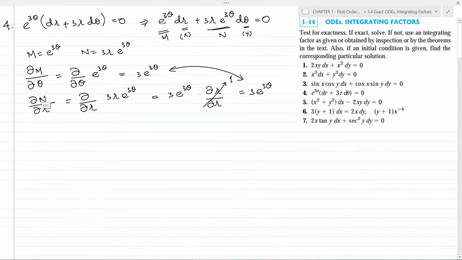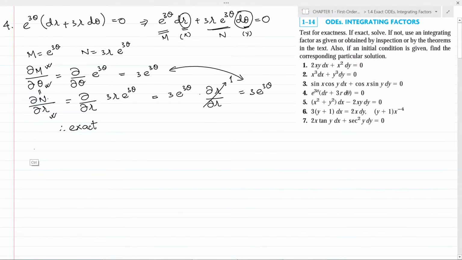That means del m by del theta equal to del n by del r. That means the differential equation in the question is an exact differential equation. Here all we have done is take the partial derivative of m with respect to the second variable, theta, and the partial derivative of n with respect to the first variable, that is r.